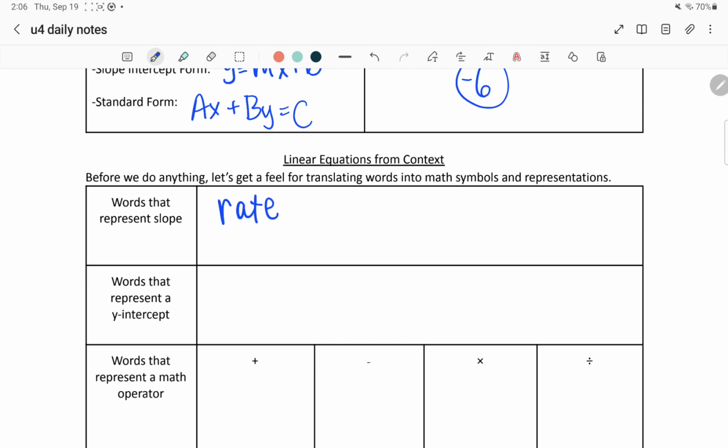So you might see the word rate on your homework, like it'll say a rate of miles per hour or something like that. Another one that you might see is each. So like for each apple, like how much is it? A very common one is per. So let's take that one and then highlight it because you will see that a lot. And then you might also see the word change. So those are words that represent slope.